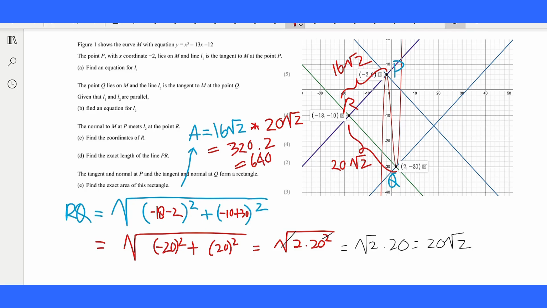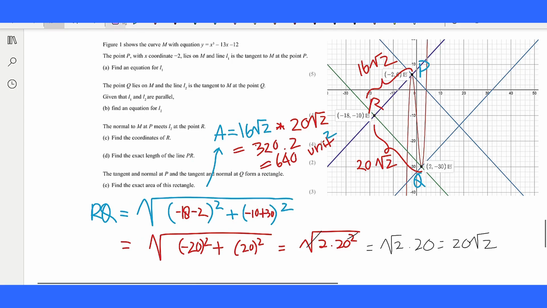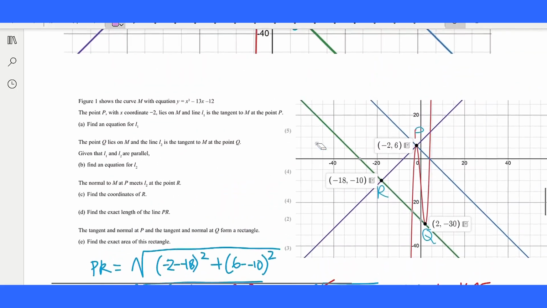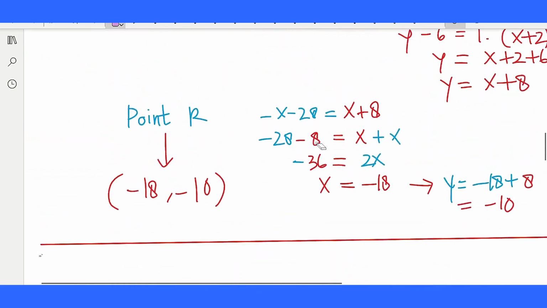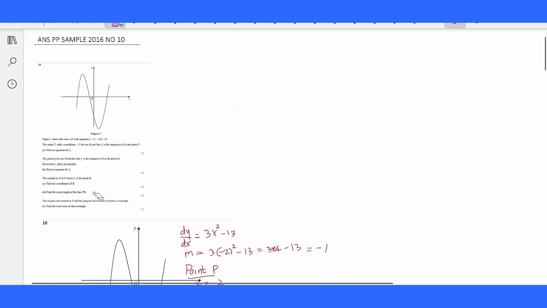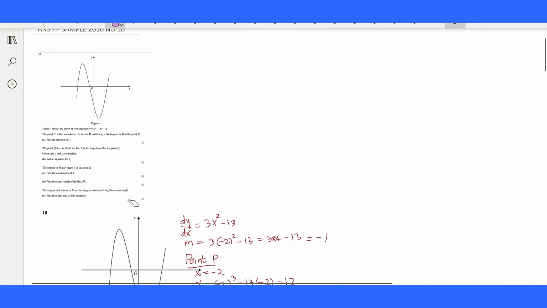Okay, that is the answer. Alright guys, that's the answer for the last part E. So we have covered all these questions, from A to E.